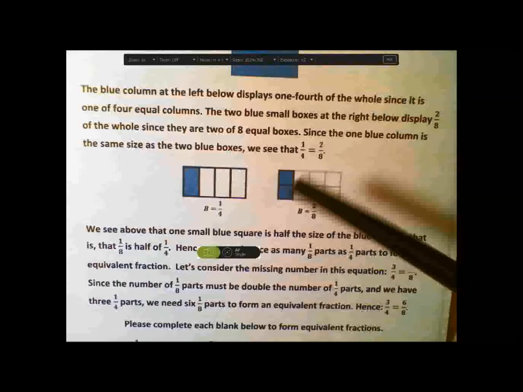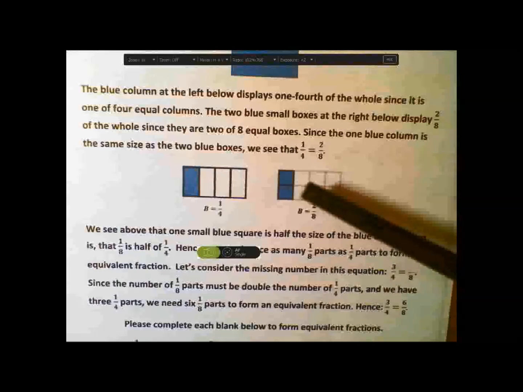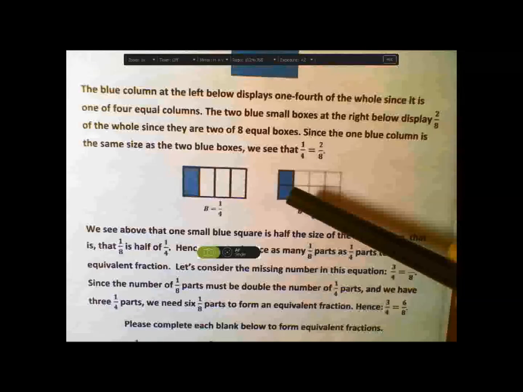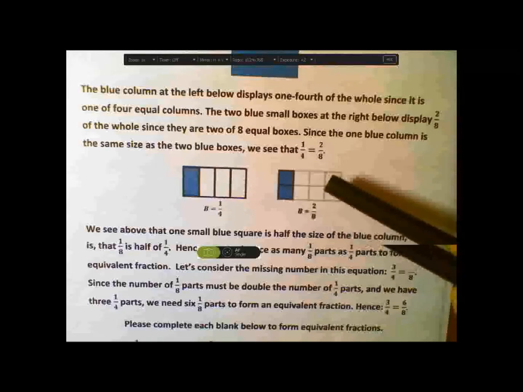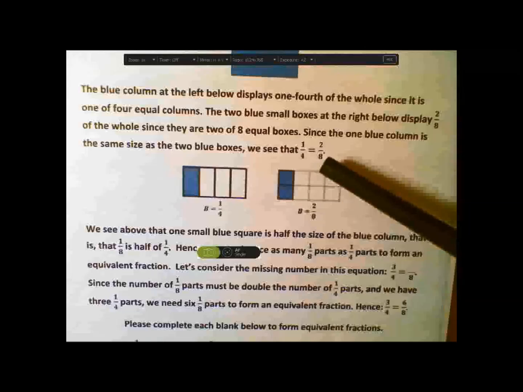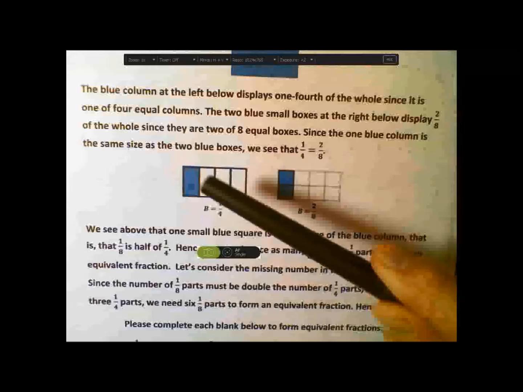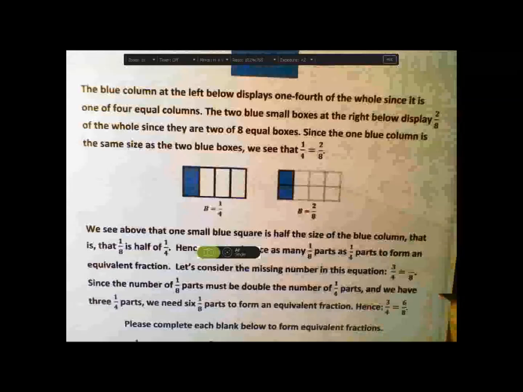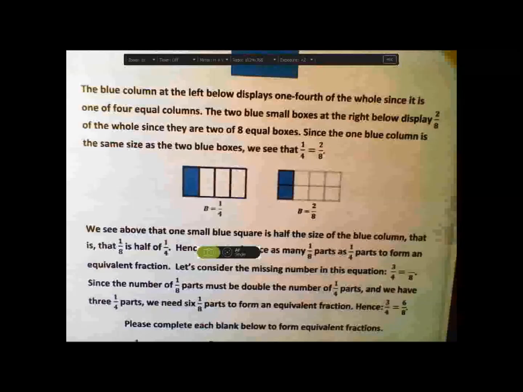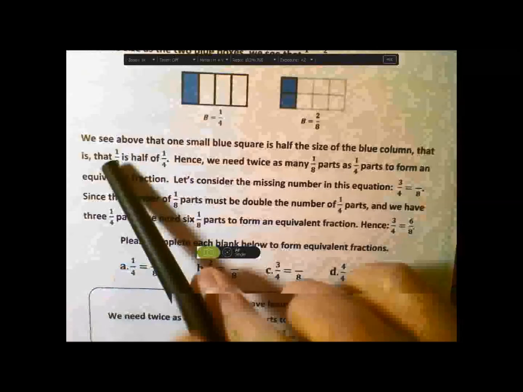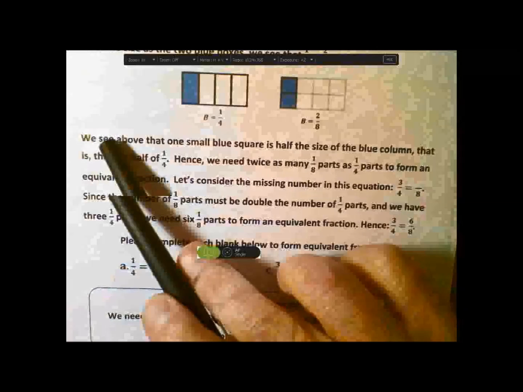Because it shows 2 and the whole thing is 8 and there's 2 covered. Okay, there are 2 boxes out of 8 equal boxes, so this is 2/8. Now, which is bigger, this 1/4 or these 2/8, or are they the same? The same. They are the same. Okay, let's continue reading, please. We see above.